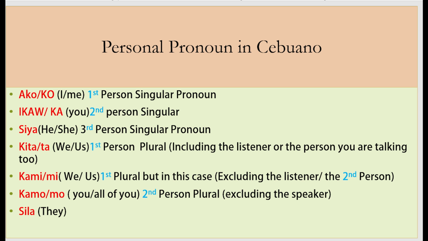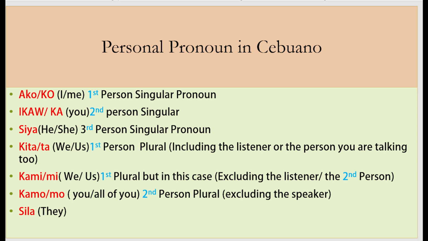We have the kita and kami. The next version of we is kami or me, we or us. It is also the first person plural, but in this case excluding the listener or the second person. Okay, we'll talk more about it later in this lesson.